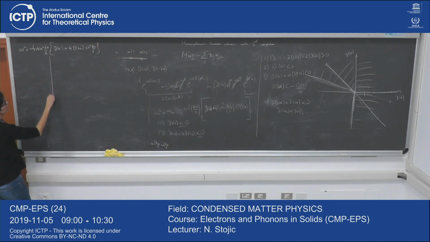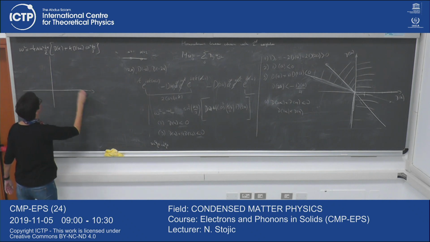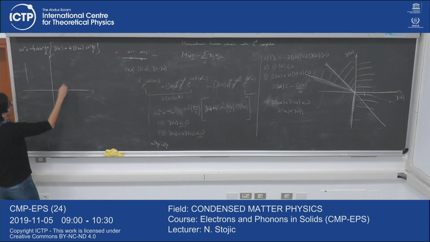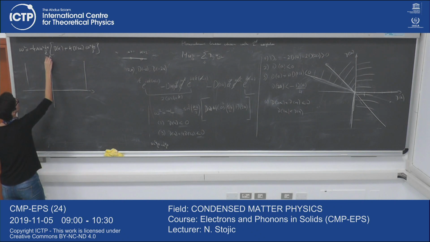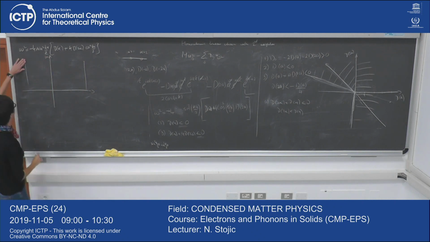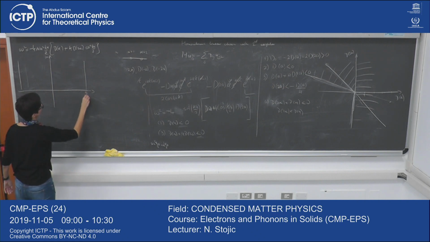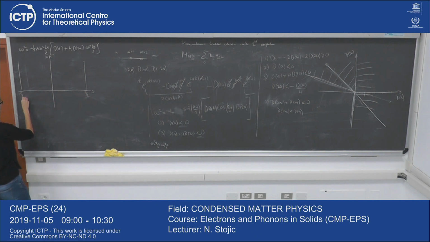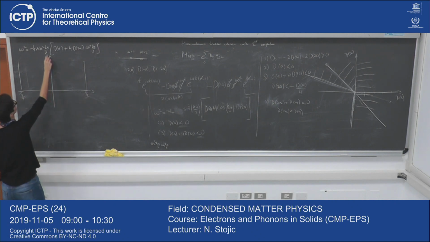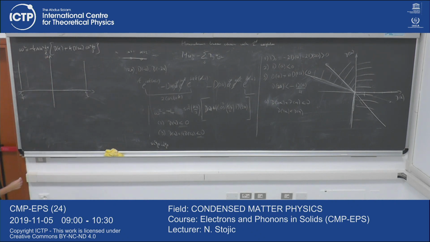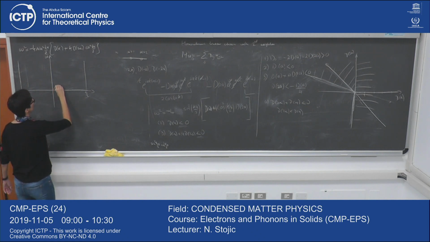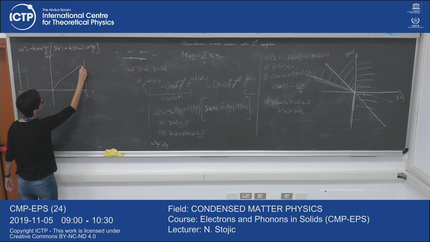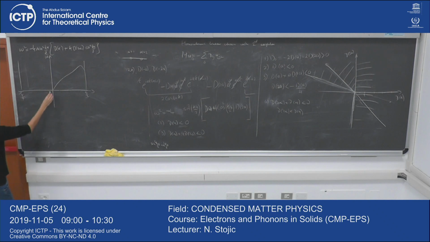So if you plot it in some plotting program, for omega, not for omega squared, you will get something of this type.